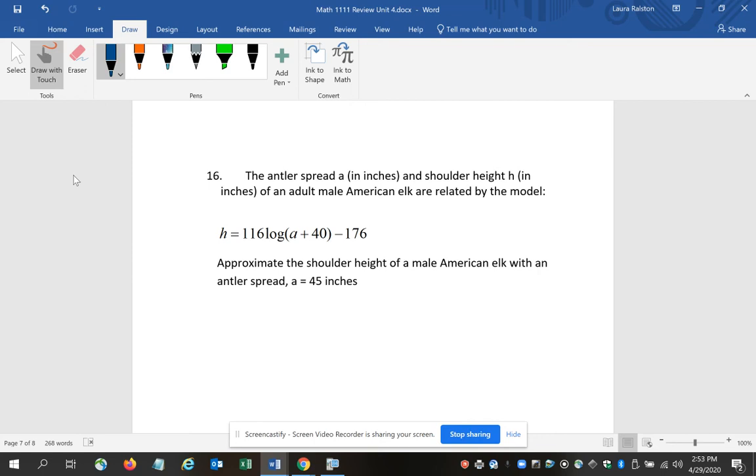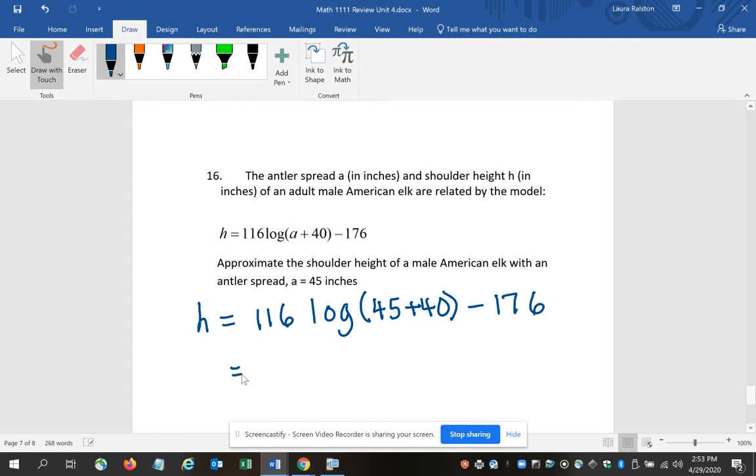So I would have H equals 116 log of (45 plus 40) minus 176. Now I'm going to do one piece in my head. 45 plus 40 is 85. So I have 116 log of 85 minus 176.